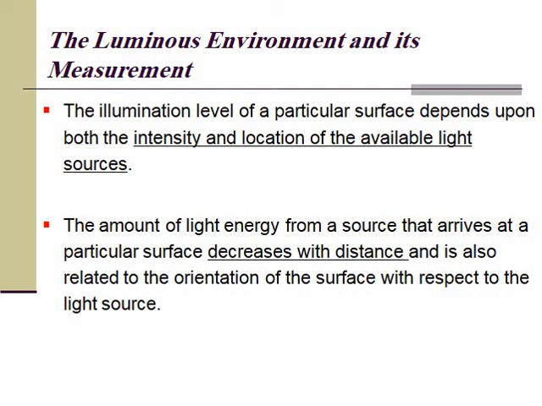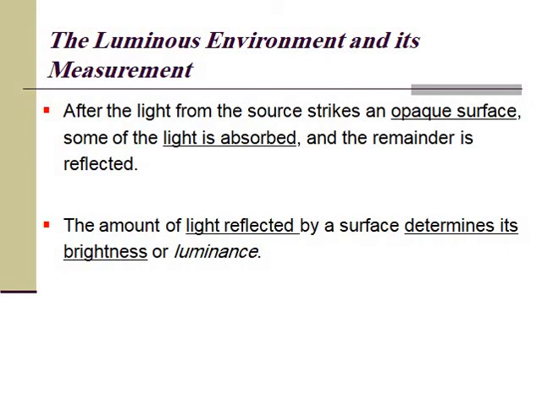So this is also related to the orientation of the surface with respect to the light source. When the light strikes any opaque surface, some of the light is absorbed by the surface and the rest is reflected away. The amount of the light reflected determines its brightness or luminance of this surface.